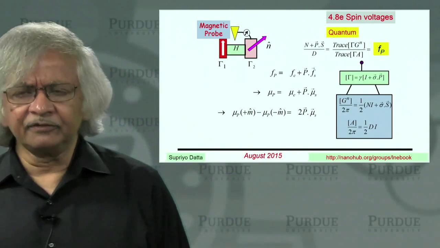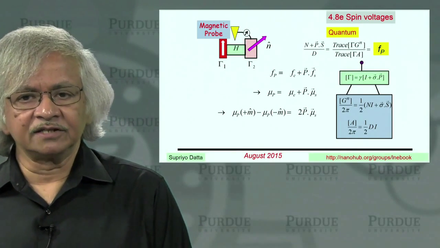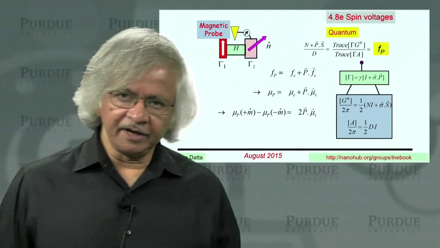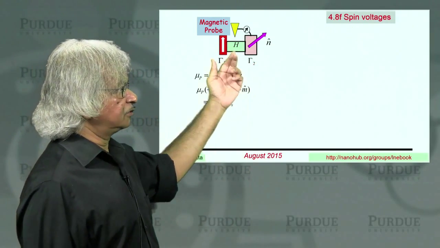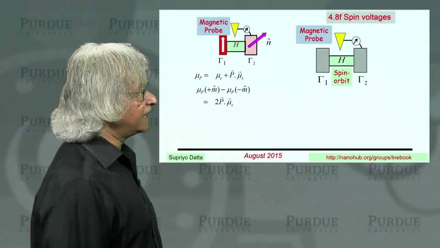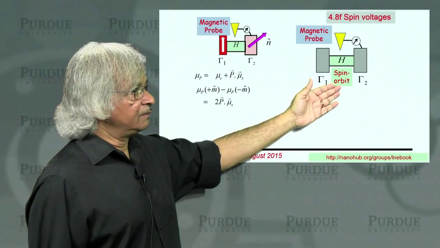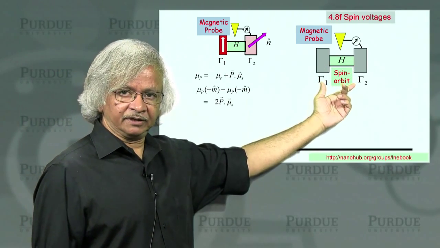And there's a lot of interest in spin potentials these days because people have shown different ways of actually generating spin potential inside channels. So far we have talked about magnetic contacts, but another way of doing that is actually with ordinary contacts, but using materials that have spin-orbit coupling.